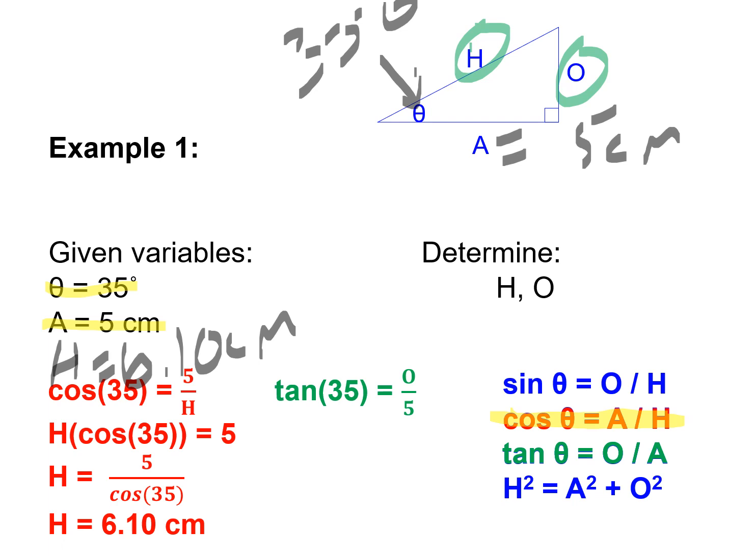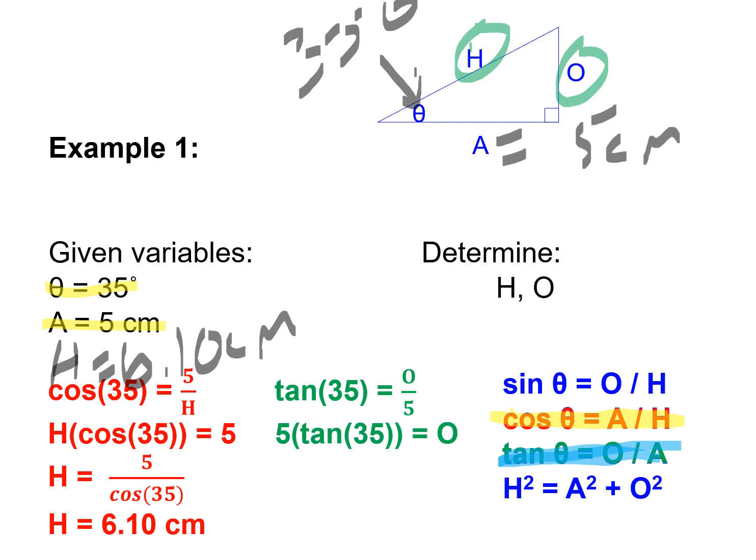We now have O, A and H. If we look at tangent, and we need to solve for O, this is the only one with O as the missing variable. So tangent of 35 is equal to O over 5.